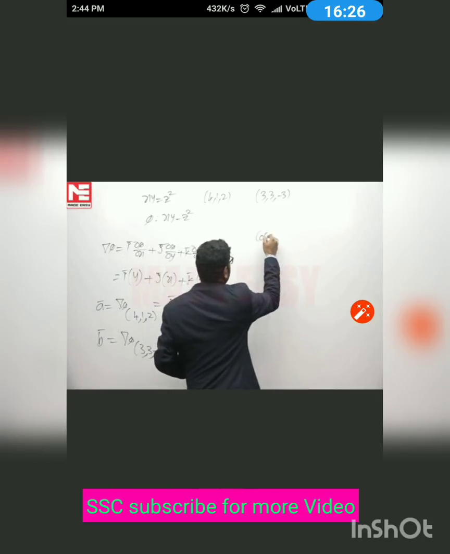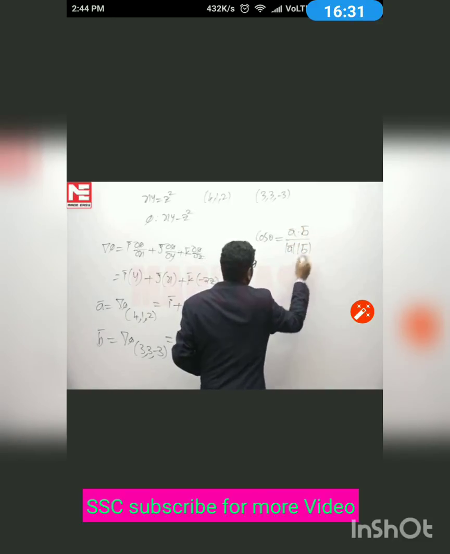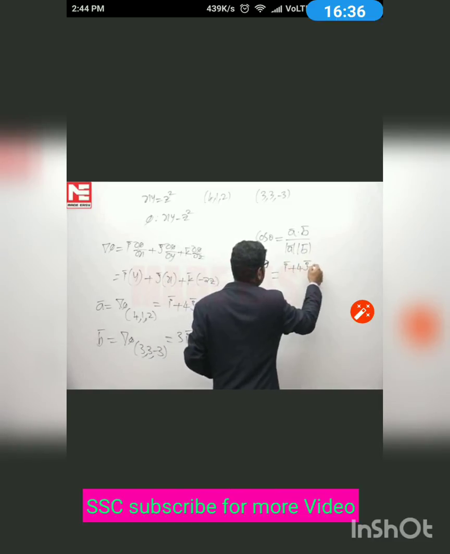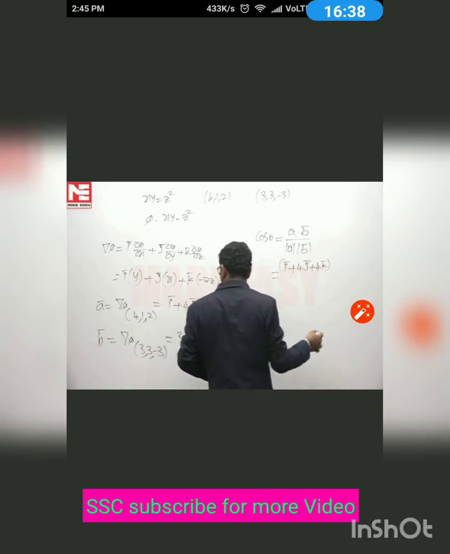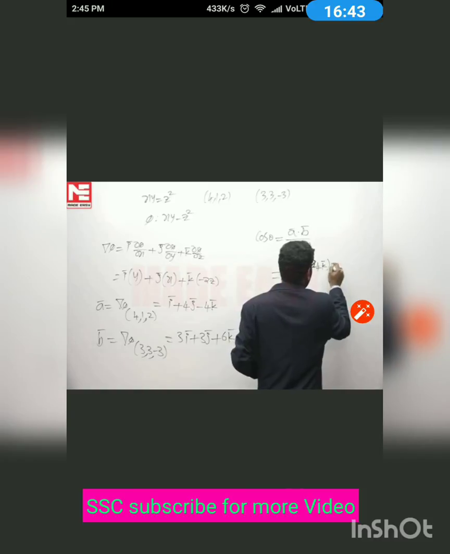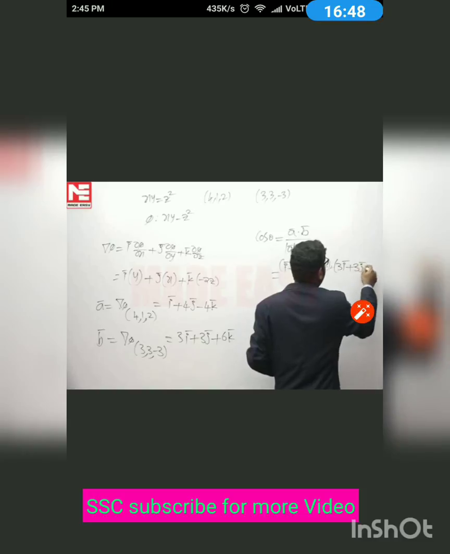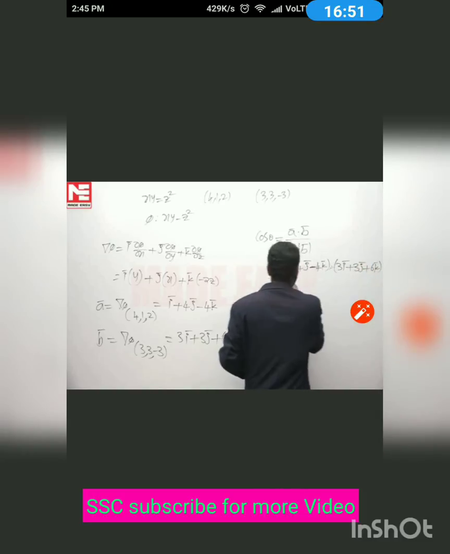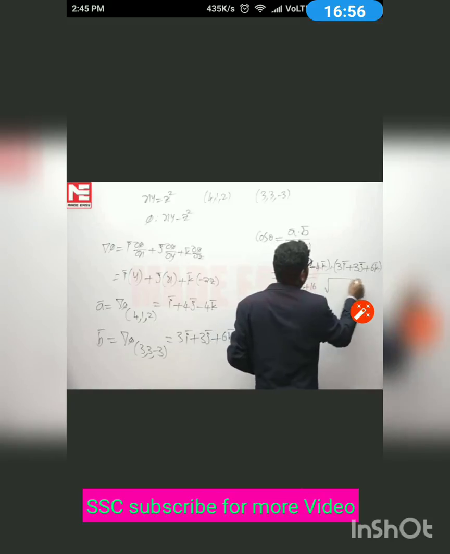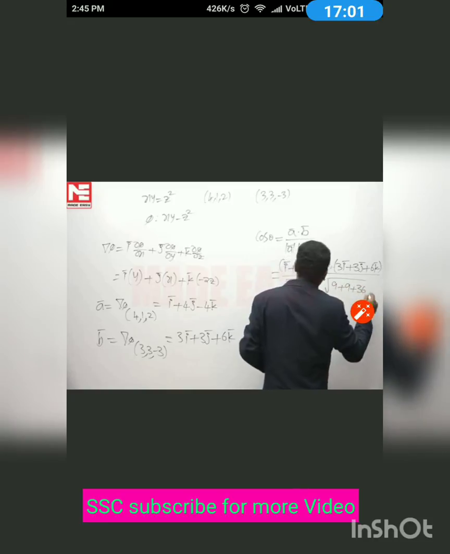Now, cos theta is a bar dot b bar by mod a bar into mod b bar. i bar plus 4j bar plus 4k bar dot 3i bar plus 3j bar plus 6k bar, over square root of 1 plus 16 plus 16, square root of 9 plus 9 plus 36.